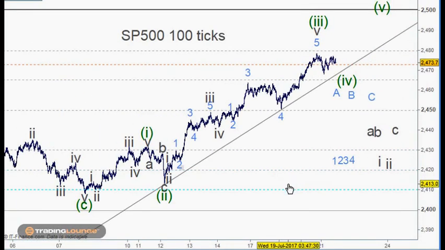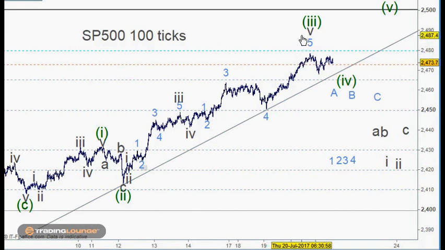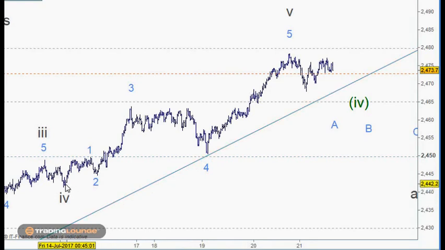Before, we had wave 3 sitting over here, but I can count 5 waves up here as well, with an extension in the 5th wave, so 1 and 2 and 3 and 4 and 5 up here.